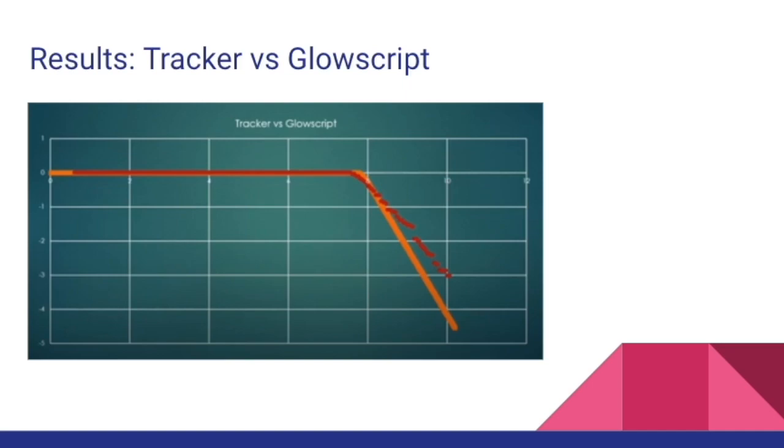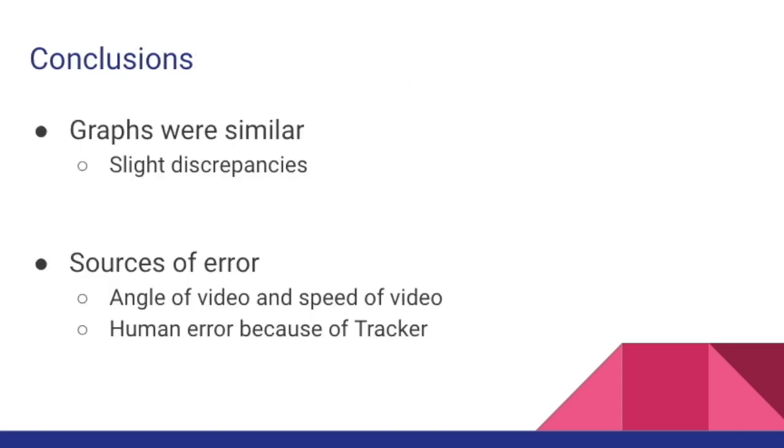So, a few conclusions. The graphs themselves were very similar to each other, but there was some slight discrepancy as we saw in the last slide. And so this could be due to a few sources of error. For example, the angle of the video and also the speed of the video, especially because the video was slowed down and wasn't put in slow motion.